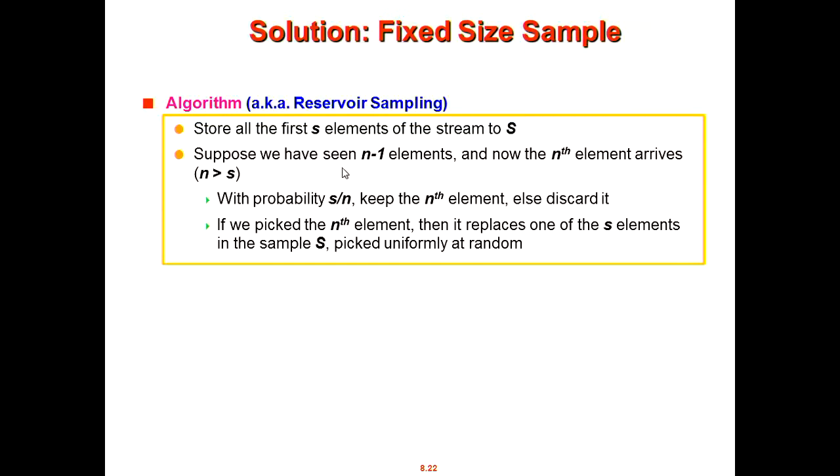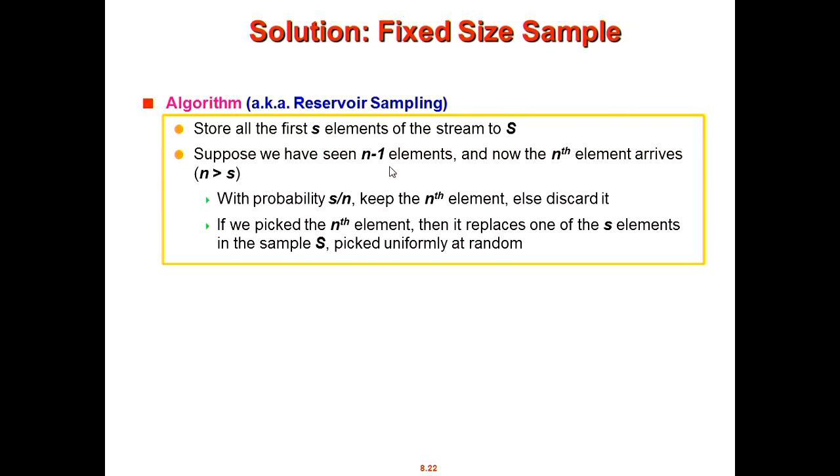And next, we will see more elements. If we see more elements, it means that we need to use this sample set to represent the original data stream. We need to do some kind of processing to guarantee the goal we want to achieve.